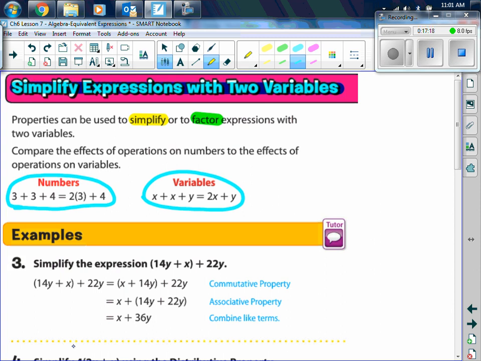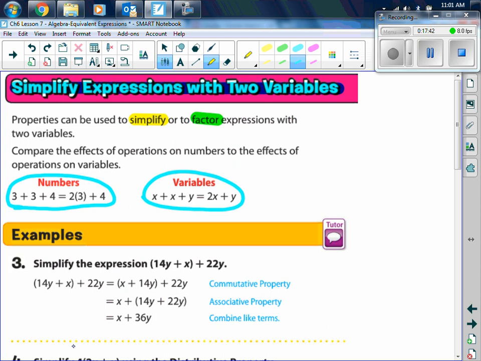Okay? So, for the numbers here, we've got 3 plus 3 plus 4. Okay? 3 plus 3 we can rewrite as 2 times 3. Right? If I simplify that, I'm going to get 2 times 3 is 6, plus 4 is 10. So here, I can simplify all the way to one number, right?